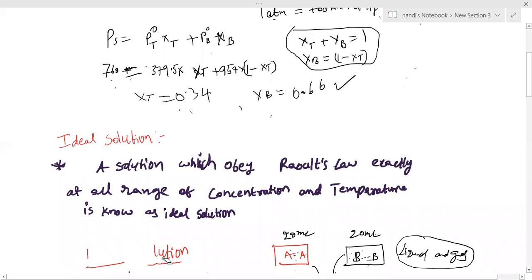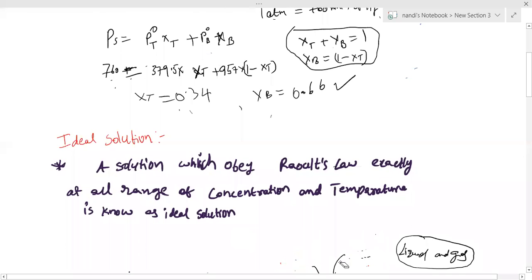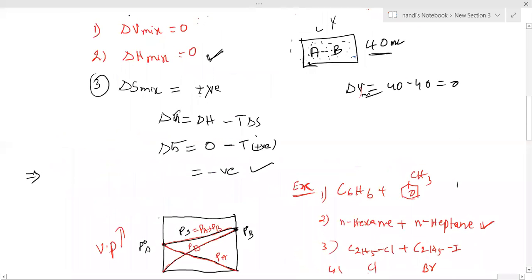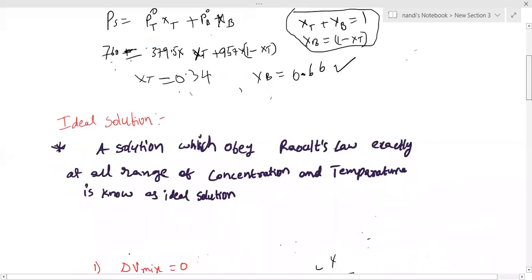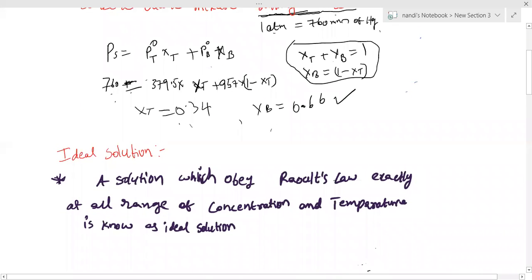Please write, ideal solution. Please note down. A solution which obeys Raoult's law exactly at all ranges of concentration and temperature is known as an ideal solution.